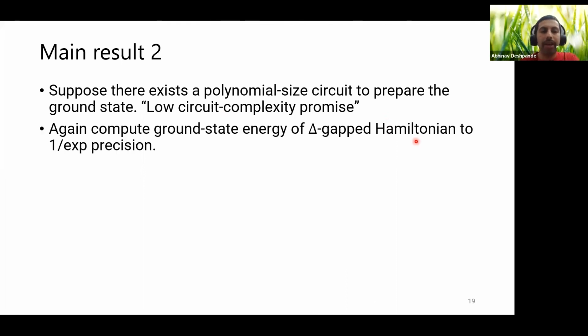We again look at the same problem of computing the ground state energy of a gapped Hamiltonian to the same amount of precision as before, so inverse exponential precision.